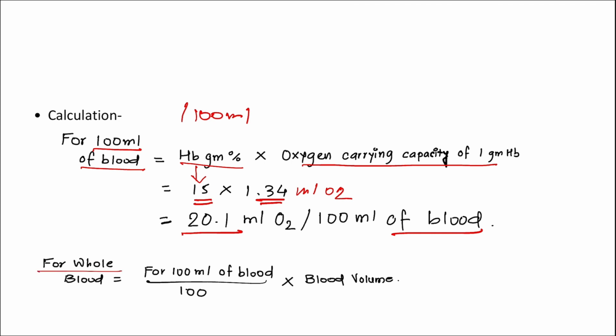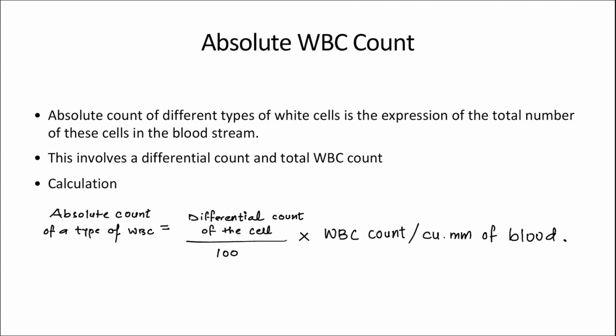For whole blood, we just divide the 100 ml capacity by 100. So we get the 1 ml carrying capacity, and we just multiply it by the blood volume. So we get it for whole blood. Now let's see about absolute WBC count.